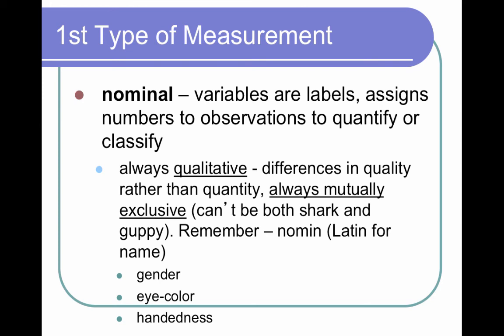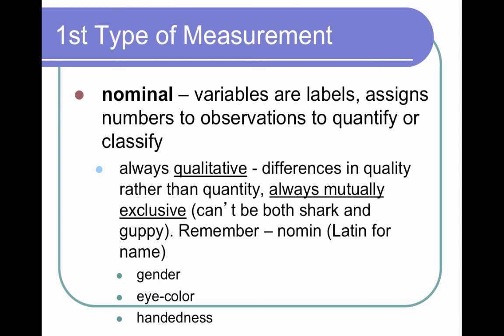It's always qualitative, meaning that they don't naturally have a number that comes with them, like gender I was just talking about. The way that I remember this is, when you look at variables and you're trying to decide what type of measurement it is, nominal variables are often demographics, and they are always mutually exclusive, meaning that you cannot be one or the other, gender, male or female.